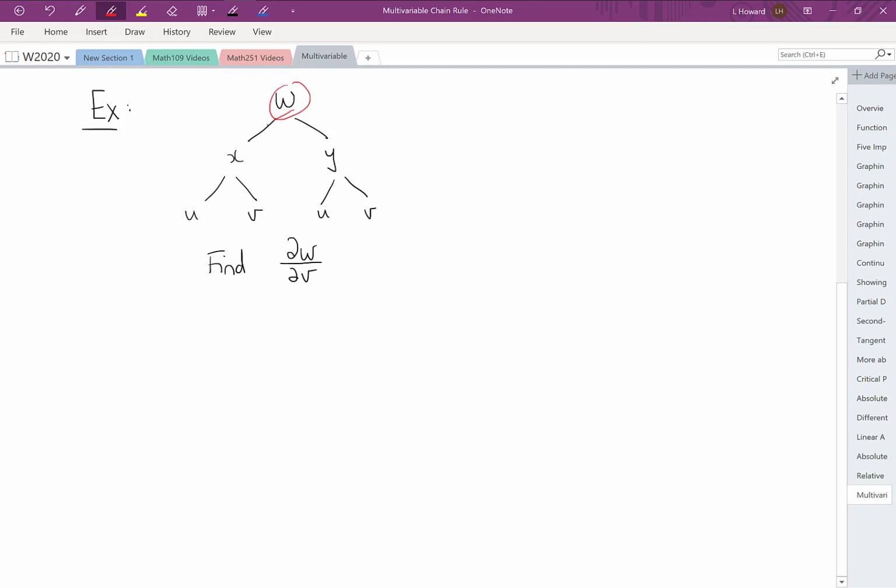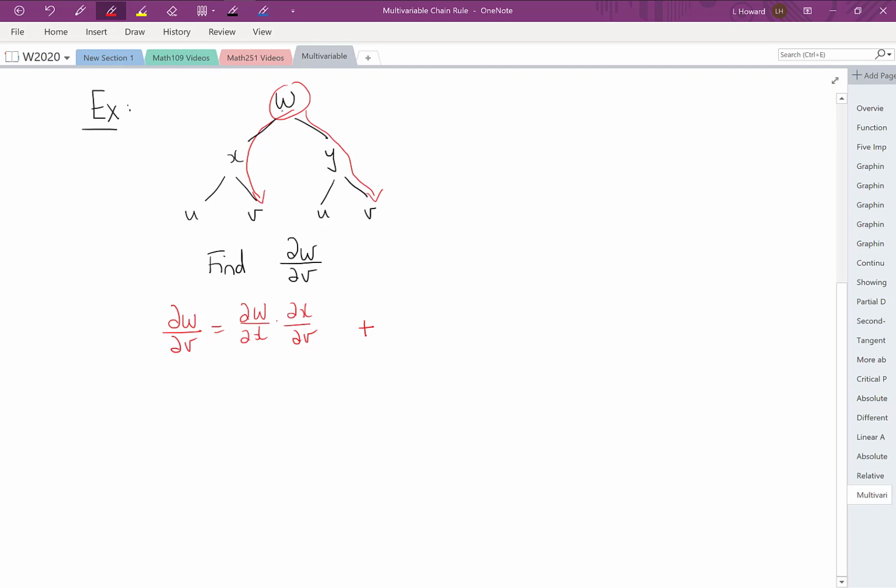One way to do it is to travel along this path here. Another way is to travel along that path there. So the partial derivative of w with respect to v is going to have two terms in the sum representing the two different paths. Along each path, we do a similar process as with the single variable chain rule. We multiply the partial derivative of w with respect to x by the partial derivative of x with respect to v.